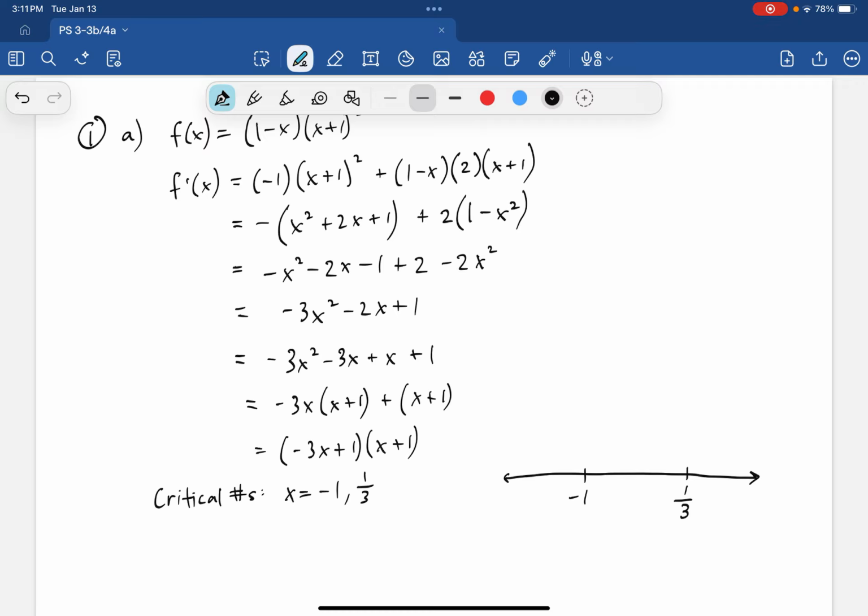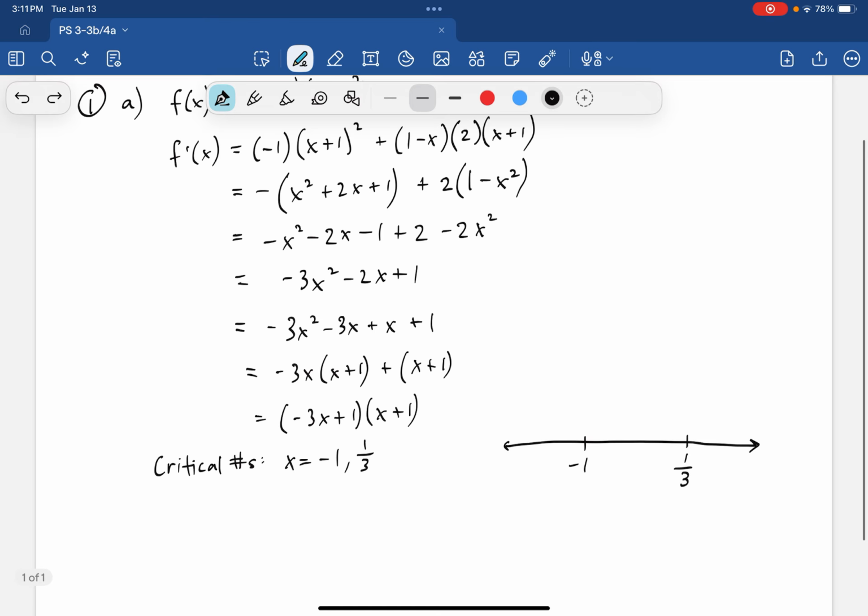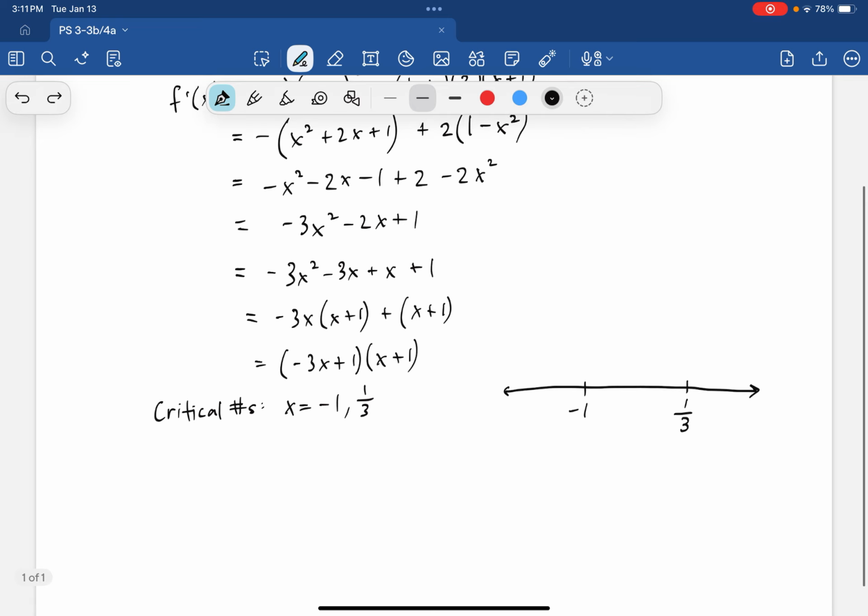That tells me that I need to check within these three intervals here and see whether the derivative is positive or negative. Where's the simplest form of the derivative? Probably this, right? I could test this interval first.